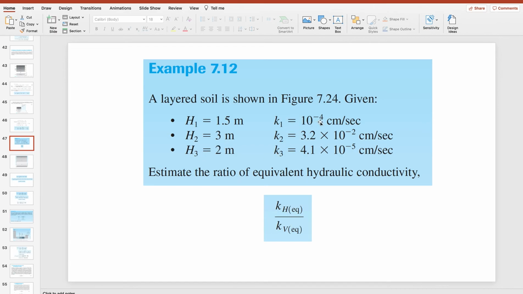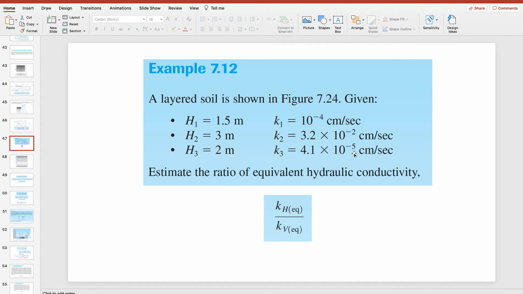K1, 1 times 10 raised to negative 4 centimeter per second. K sub 2, 3.2 times 10 raised to negative 2 centimeter per second. K sub 3, 4.1 times 10 raised to negative 5 centimeter per second.